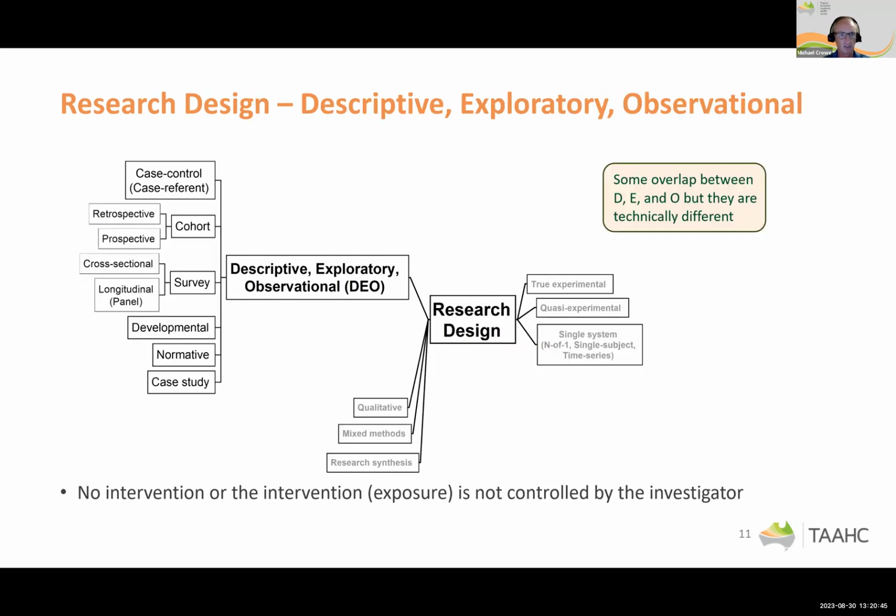Then there's a sort of grouping, and depending on your area, they're called descriptive, exploratory, or observational research designs. Basically, within all of these, there is no intervention, or at least there's no control over what the intervention is. Some people get the intervention, so it might be that the government has decided to pour a pot of money at a particular group.